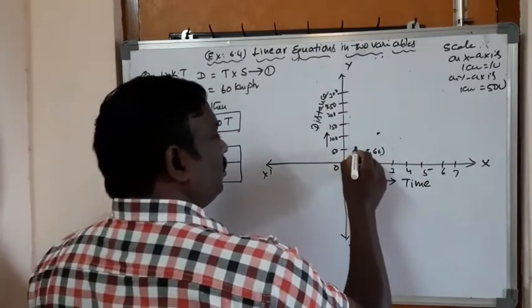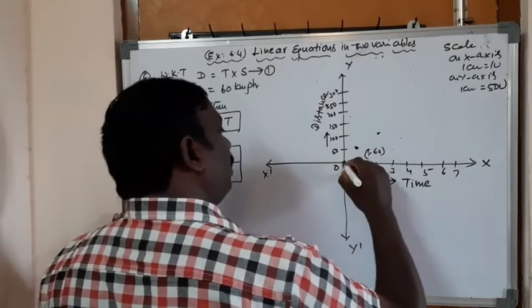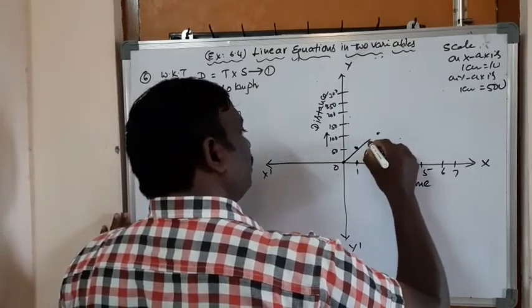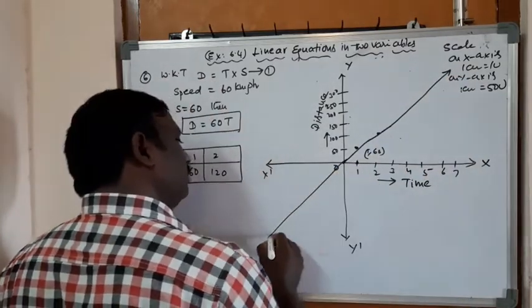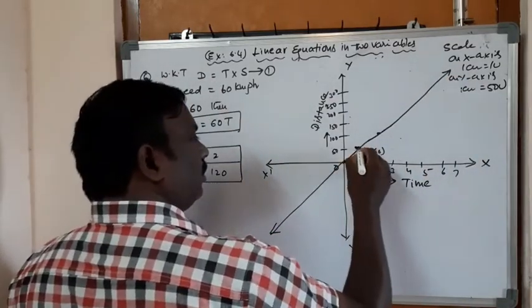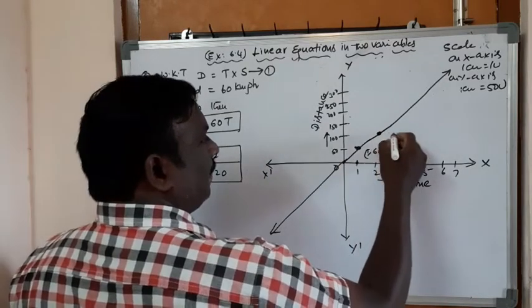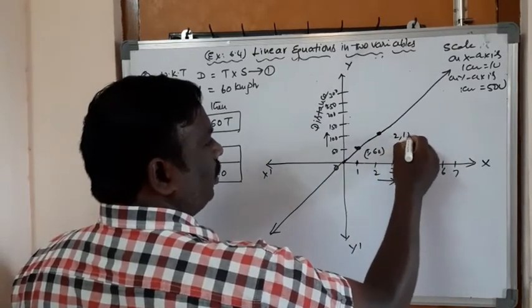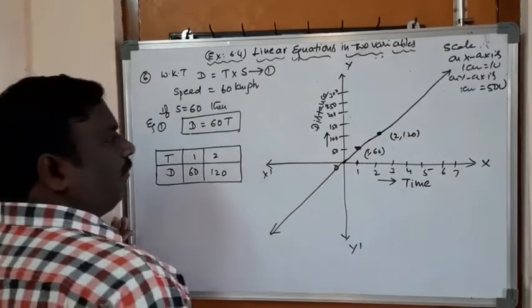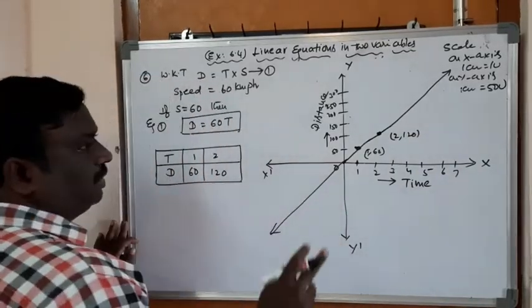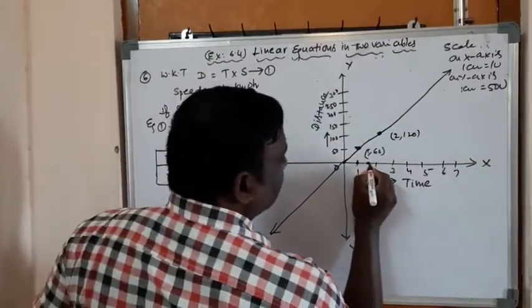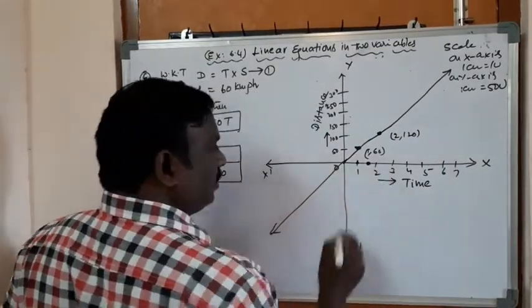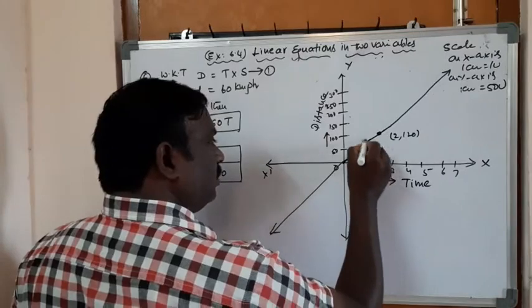So the line passes through the origin only. A line which passes through the origin. So this one: 1, 60 and 2, 120. From the graph only we need to find the remaining values. When the time is 1.5 hours, exactly this one, from here draw the line.